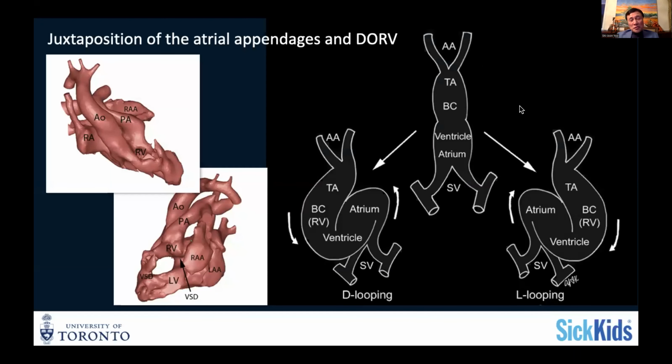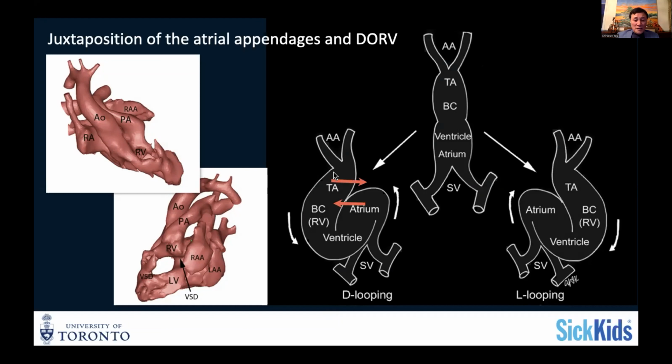Why juxtaposition of the atrial appendages in DORV? This is the embryology cartoon from the straight heart tube, and then moving to the right side, bending to the right, de-looping. Next is what? You need to have your atrium moving toward the right side, and the outlet moving toward the left side.